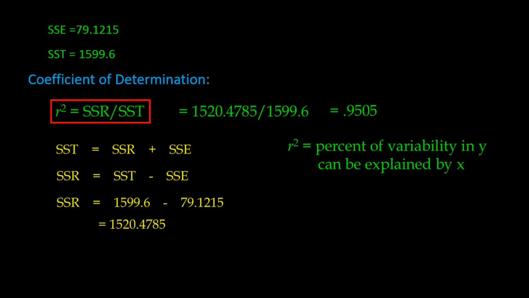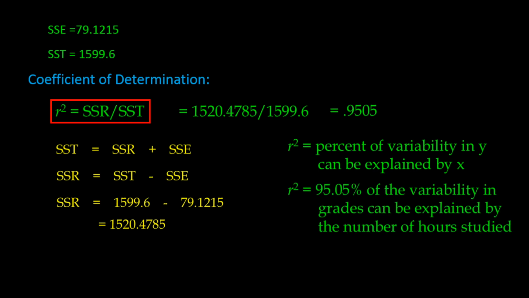In this case, y is grades and x is the number of hours studied. So what we measured shows the percent of variability in grades that is explained by the number of hours studied. Since r squared is 0.9505, we can say that 95.05% of the variability in grades can be explained by the number of hours studied.